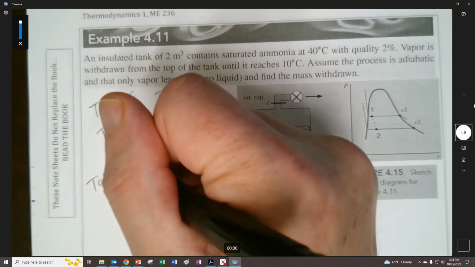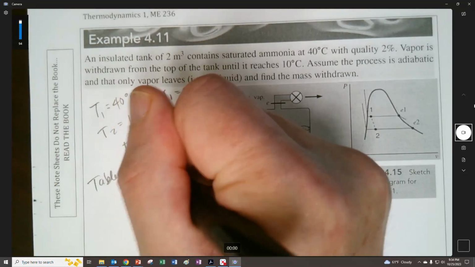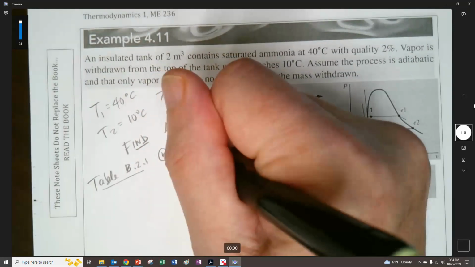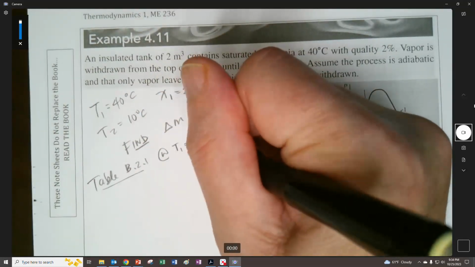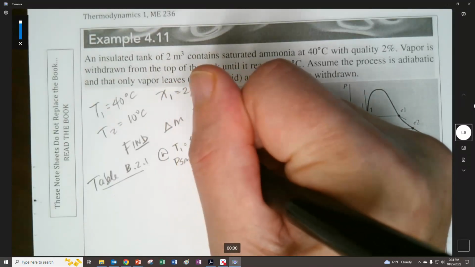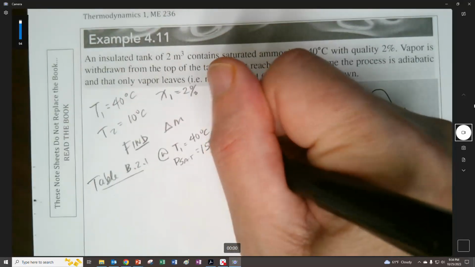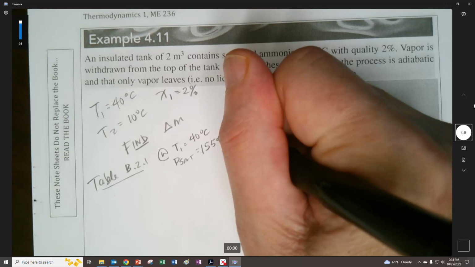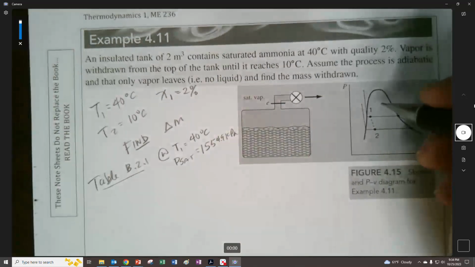So I'm going to go to table B.2.1 where we have ammonia, and at 40 degrees Celsius, we note that the saturation pressure is 1,554.9 kPa, which is quite a lot.